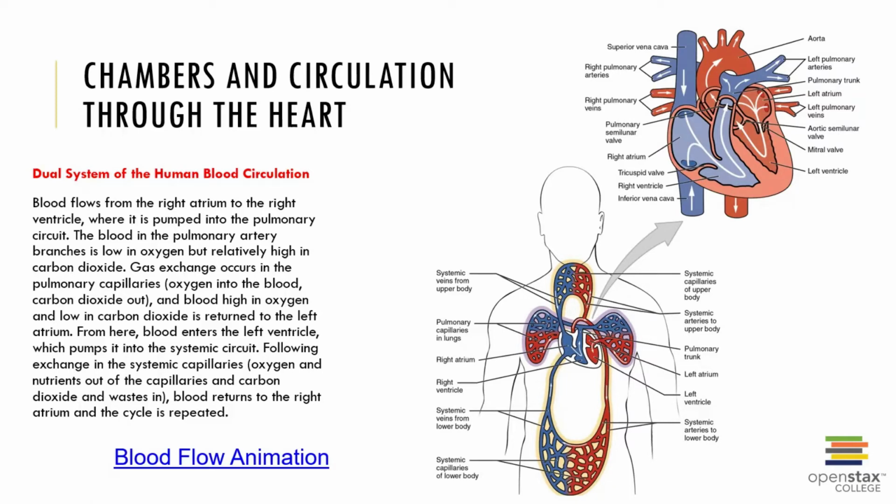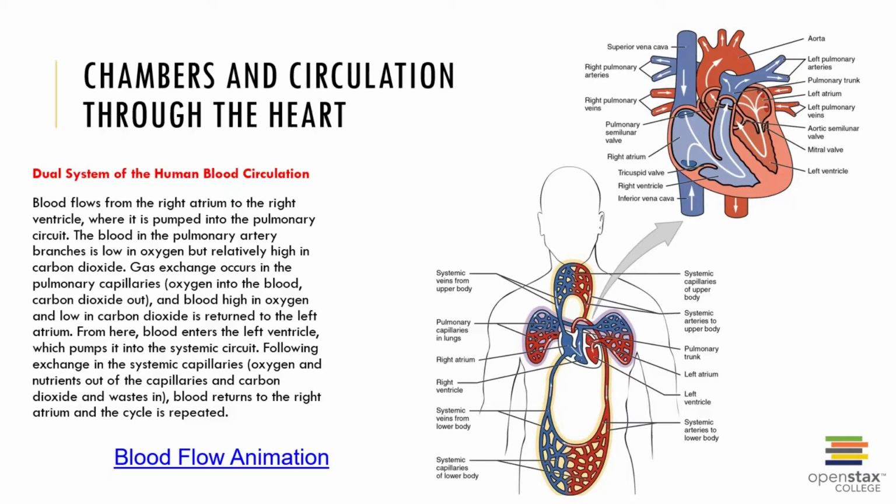So blood flows from the right atrium to the right ventricle via what we call the right atrioventricular valve, or it's also known as the tricuspid valve. And from the right ventricle enters the pulmonary artery on its way to the pulmonary circuit to become oxygenated.